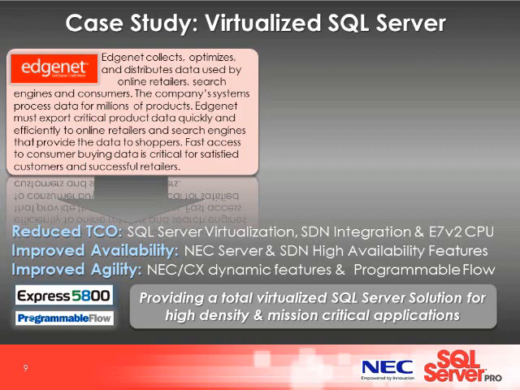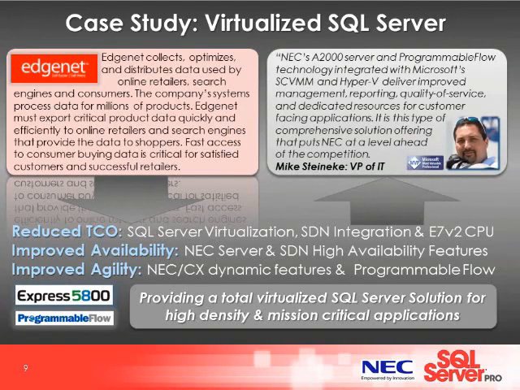Improved availability also occurred not only because of the A2000 advanced RAS features, but because of Programmable Flow's ability to immediately redirect and provision traffic associated with physical network issues.